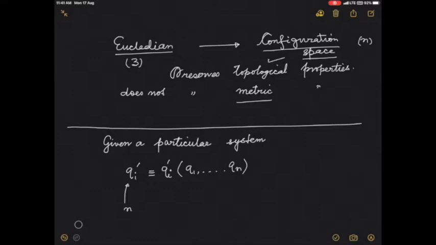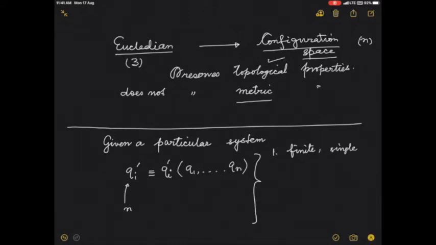Now this type of transformation between two sets of generalized coordinates describing the same problem needs to again follow certain properties, and we'll see why. First, it should be a finite transformation, meaning if q is finite for a given c point, for the other c point it should not go to infinity.